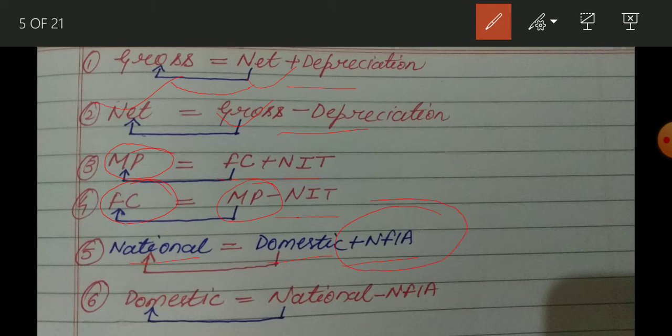Now if in the question the national concept is given and you have to find domestic, you have to subtract NFIA. First of all, I want to tell you students, please learn these equations. These are the base for the questions that you are going to attempt in any method. Note down, keep copy and pen with yourself.